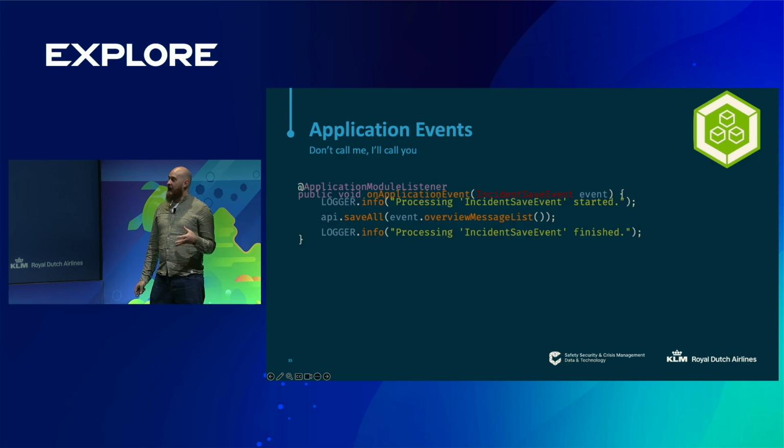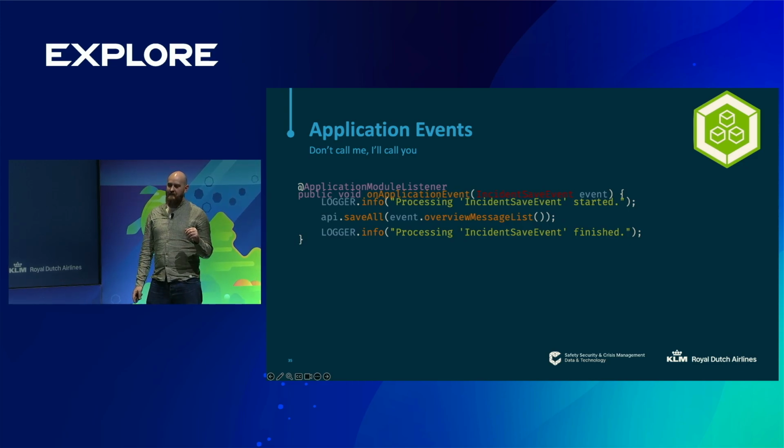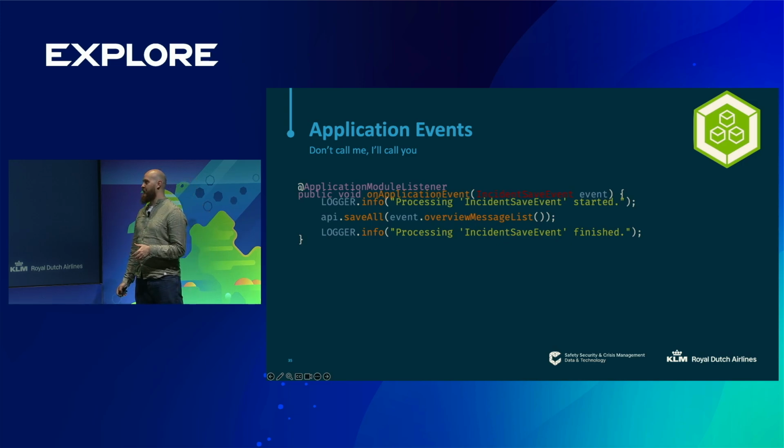Once you really dive into Modulith, it doesn't force you to do this type of stuff, but it puts you on a bit of a slope where at some point you just fall into using events and you're not entirely sure how you ended up there.